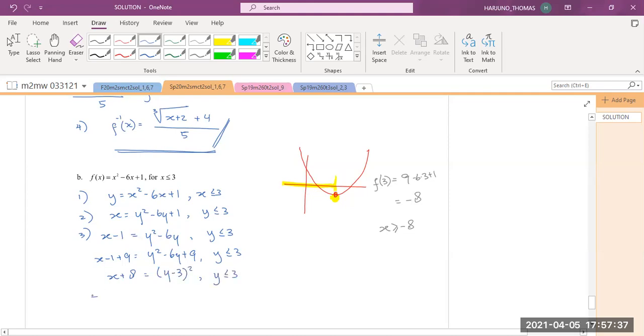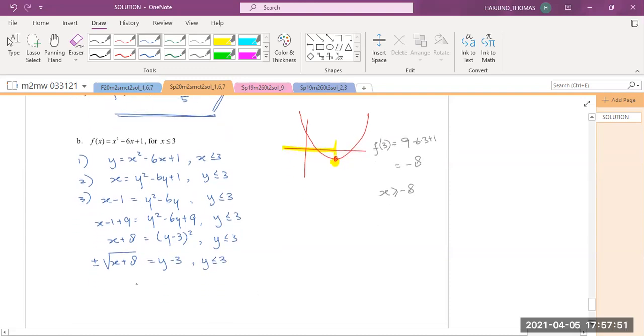When I take the square root, I get plus or minus the square root of x plus 8 equals y minus 3, for y is at most 3. Then y is 3 plus or minus the square root of x plus 8, for y is at most 3.